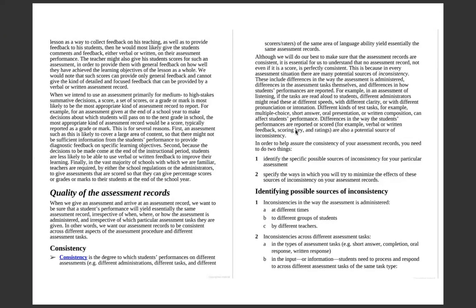The second one is inconsistencies across different assessment tasks. Here the author mentions, for example, that possible sources of inconsistency could be the fact that you give different pictures of animals to different students.